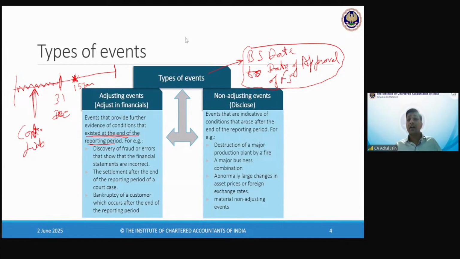Why didn't it exist as at the balance sheet date? Deepika is saying yes. So why do you think it didn't exist in the reporting year? Quickly.